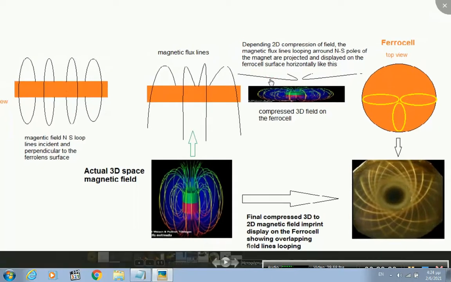What is happening, and this is my opinion and active research, because we are still researching the vorticity we see in ferromagnets. The ferrocell, as I've shown in my experiments, and I will reference this later, shows the net nanomagnetic field inside the bulk of the matter of the magnet, and not the classical outside field.